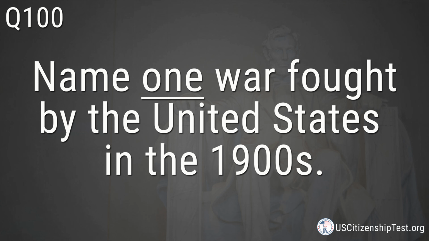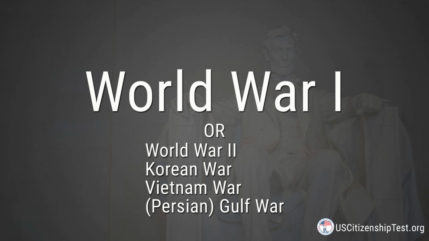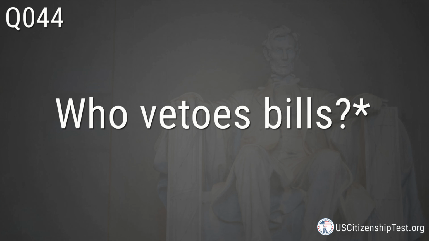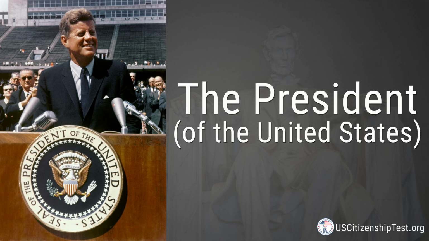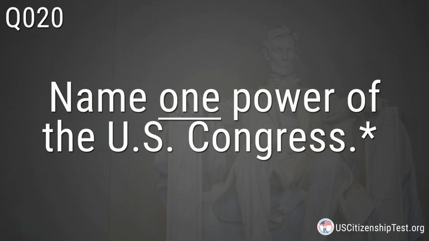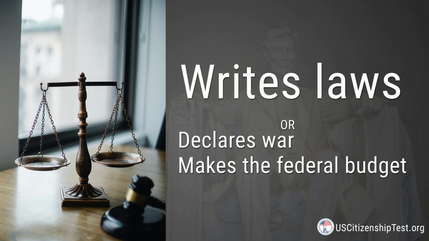Name one war fought by the United States in the 1900s. World War I. Who vetoes bills? The President. Name one power of the U.S. Congress. Writes laws.